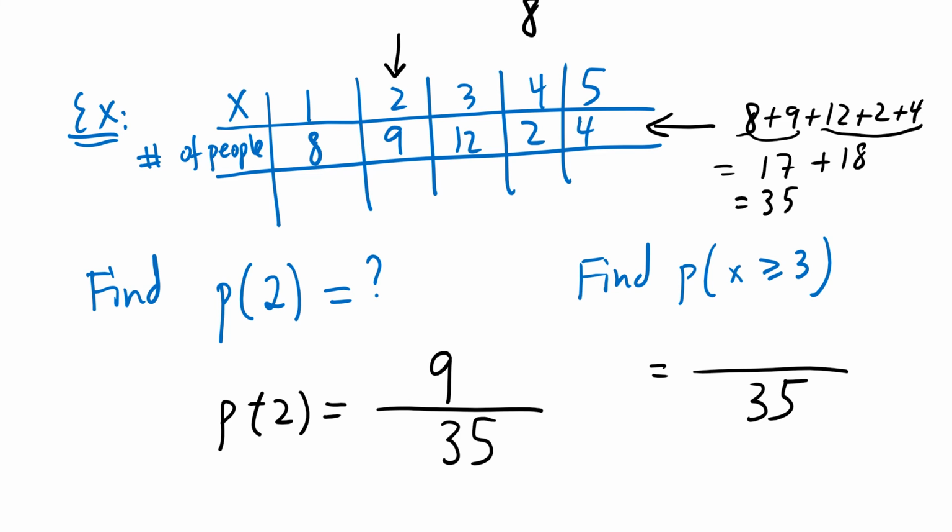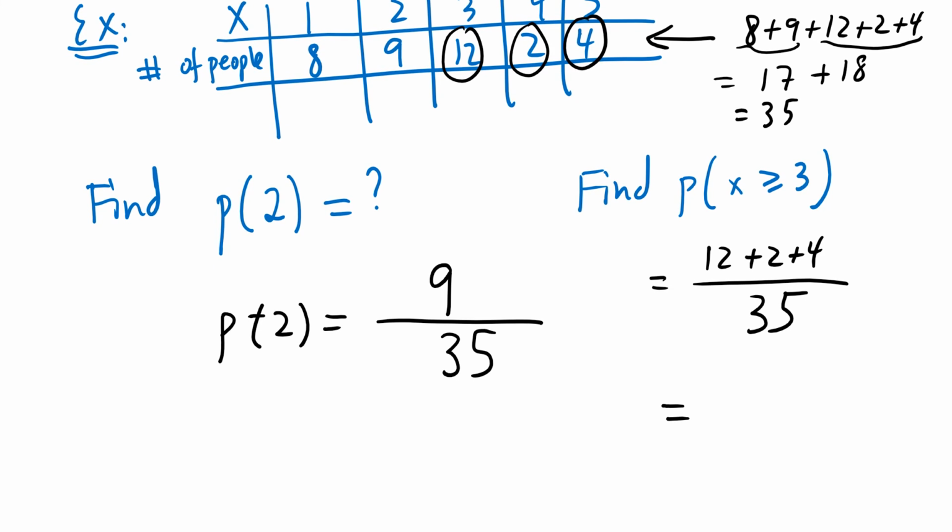There are 12 in the 3, 2 in the 4, and 4 in the 5. So we add them up: 12 plus 2 plus 4, that gives me 14, 18. 18 over 35. Not reducible.